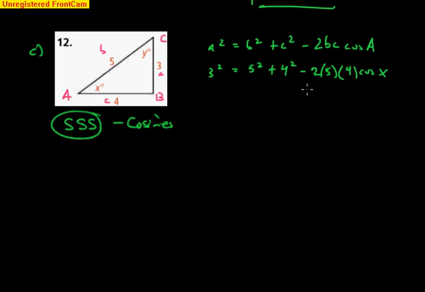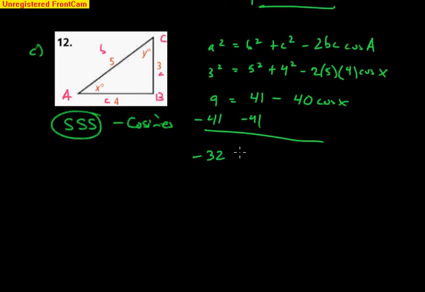And I don't know what angle A is, that's x. And here's where you do the three parts individually. So 3 squared is 9. 5 squared plus 4 squared is 41. And this is minus 2 times 5 times 4 is 40 cosine of x. And now we have to solve this for x, so we subtract 41 from both sides. Remember, it's very tempting to combine 41 and 40, but you can't. So you get negative 32 equals negative 40 cosine of x.